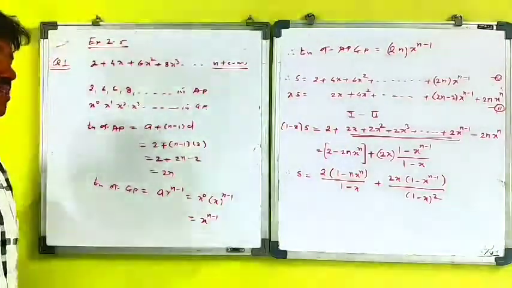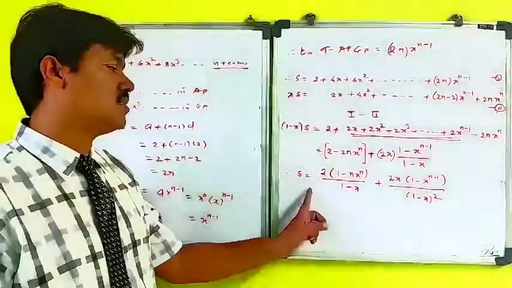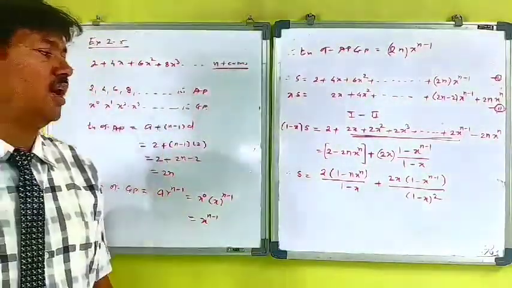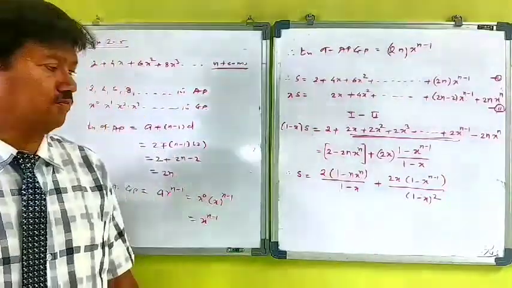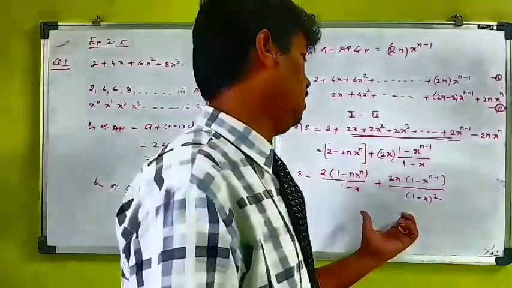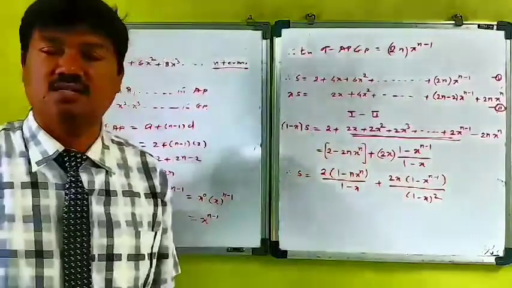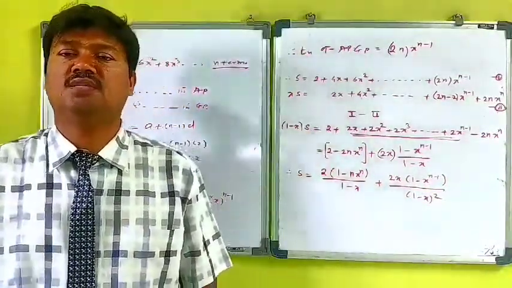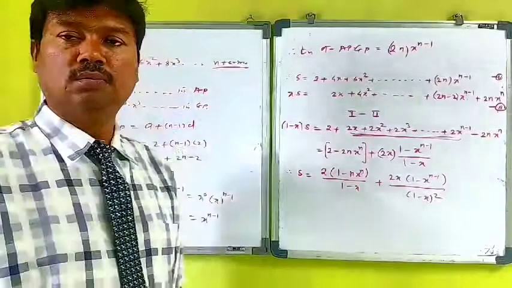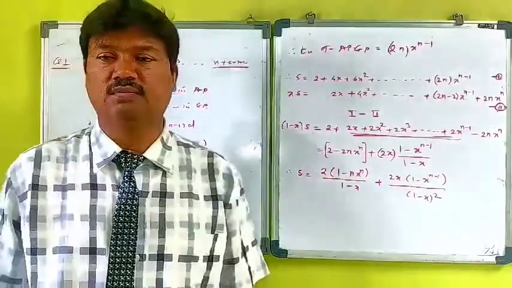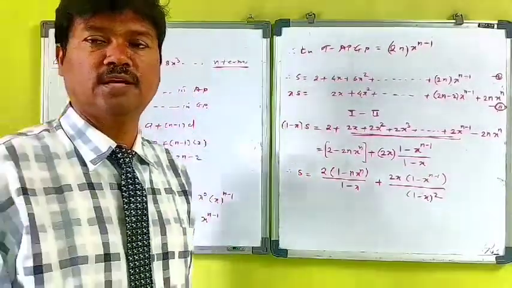So that is the sum of n terms in this APGP. That is the answer for this. It's very easy because we divided by 1 minus x here. I think everybody understood this one, right?